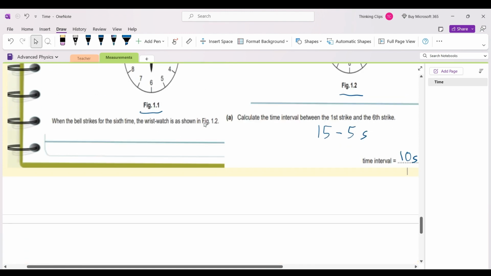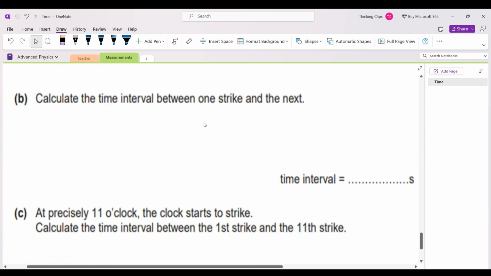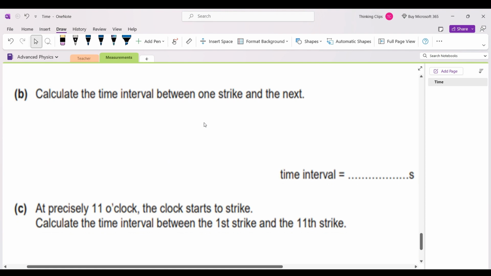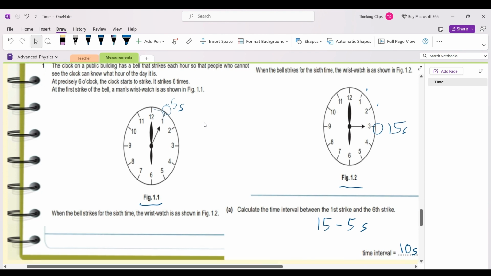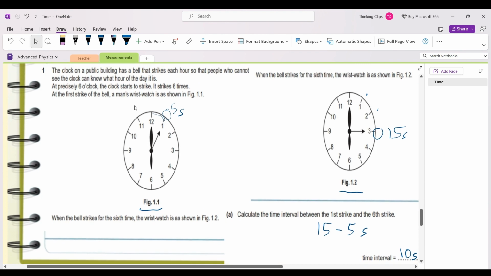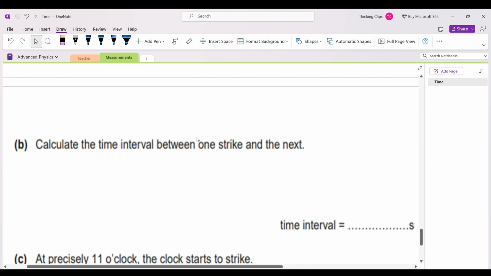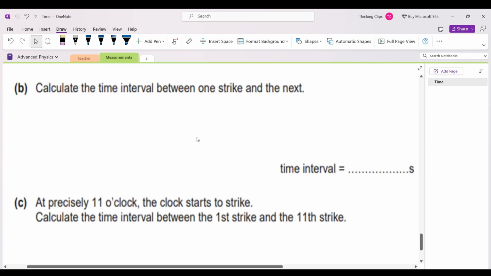Okay, we'll just move on to the next part of the question. Calculate the time interval between one strike and the next. Okay, let's go back and think, well, how many strikes were there? It said it strikes 6 times. So over this 10 seconds, there were 6 strikes. But we want to know the time interval. So between 6 strikes, there must be 5 intervals.